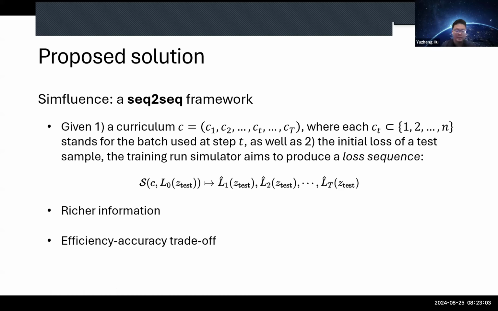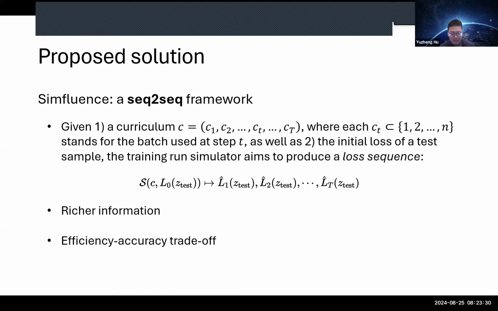And also intuitively there is an efficiency accuracy trade-off here, because if we just want to obtain this loss sequence, the simplest way forward is just to train the model on this curriculum, right? Then we directly obtain the ground truth loss sequence.